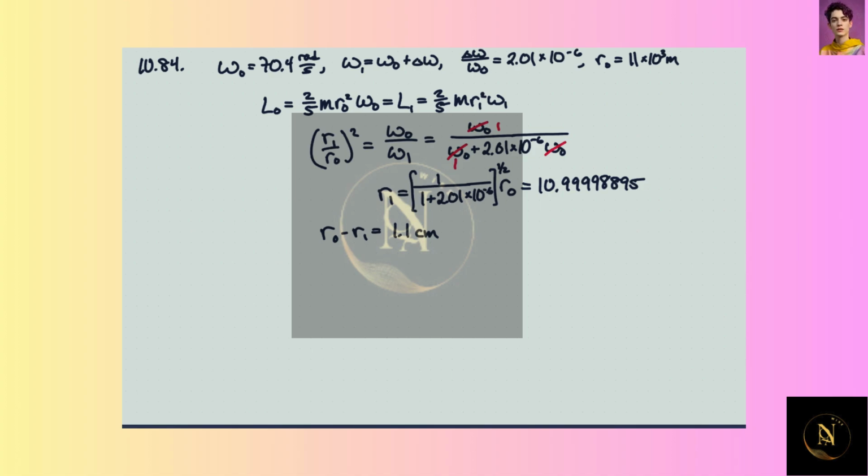In this problem, we're told that we have these neutron stars that are spinning at a very high rate of speed, at 70.4 radians per second. That's going around very fast.